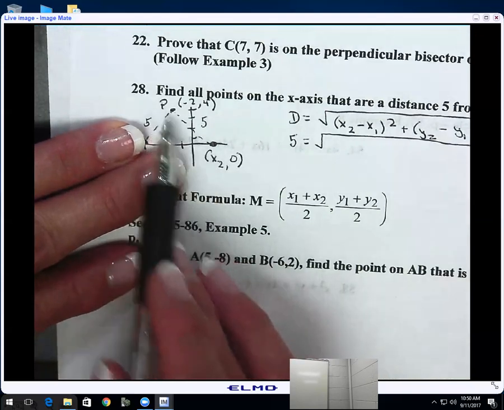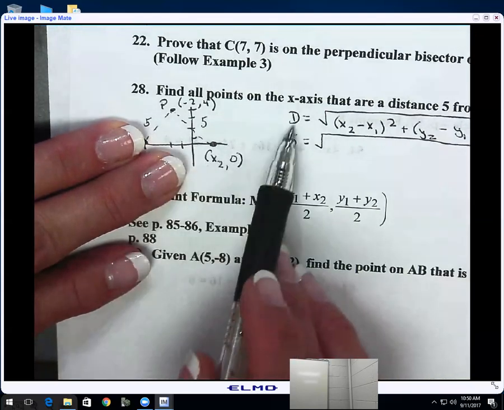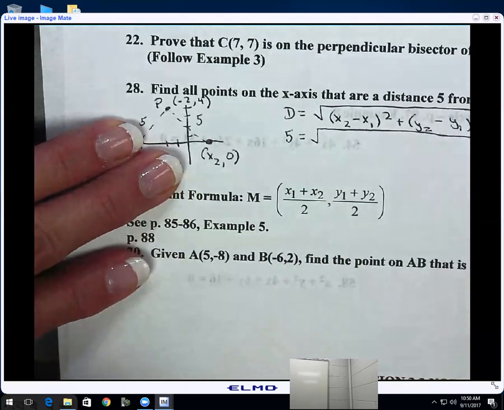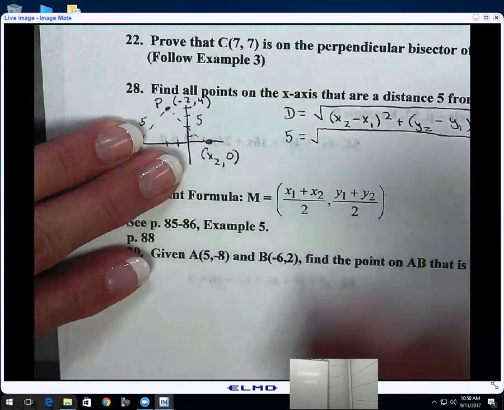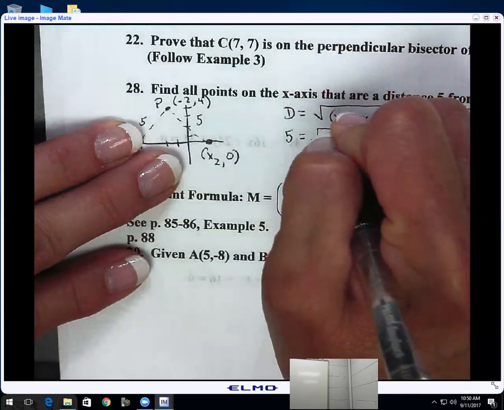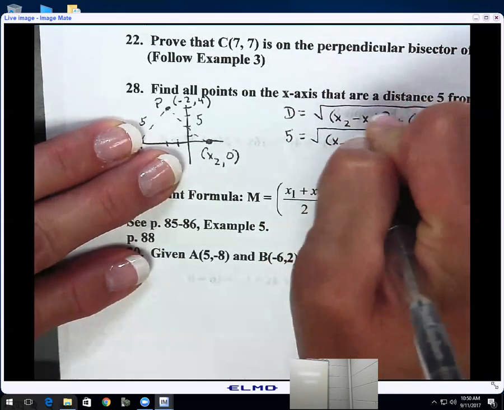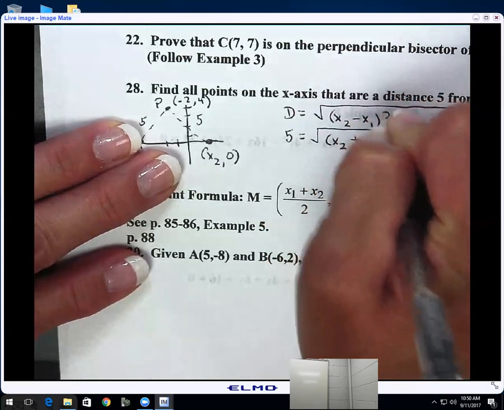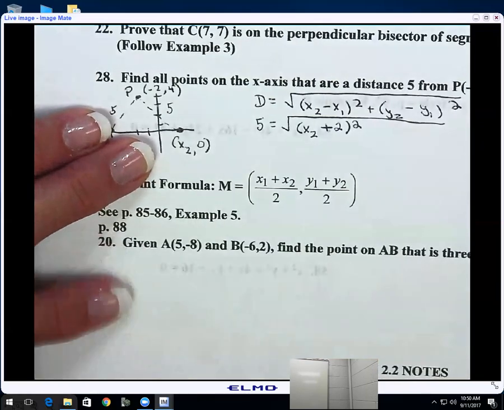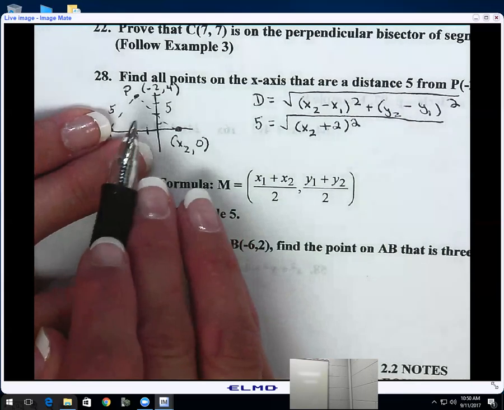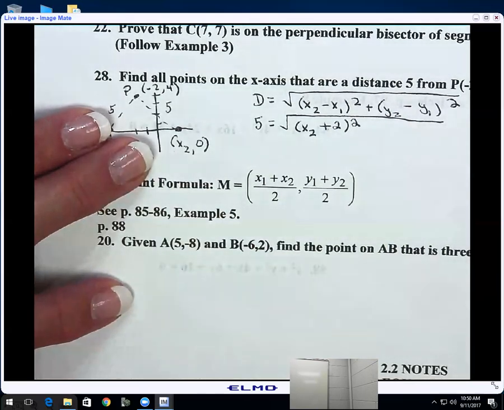If I use point P and one of the points on the x-axis, then what's the difference in the x's? I'm glad you said minus and negative. I'm going to go ahead and just write it as plus to save myself a step. The difference in the x's would be x2 plus 2, and that needs to be squared.